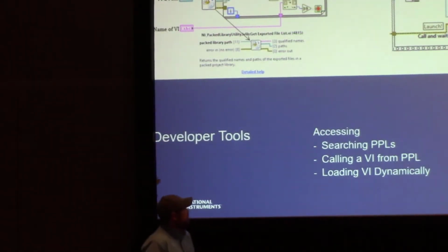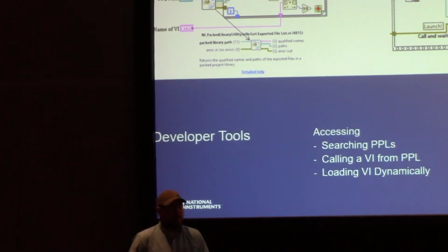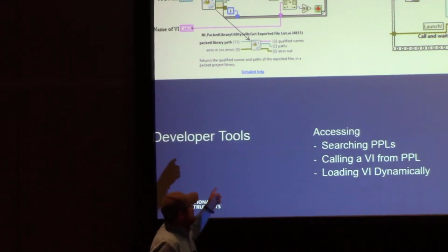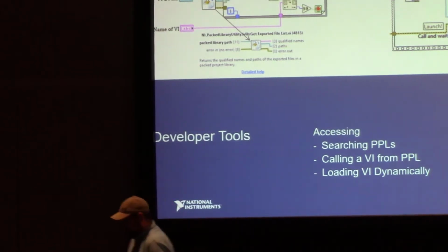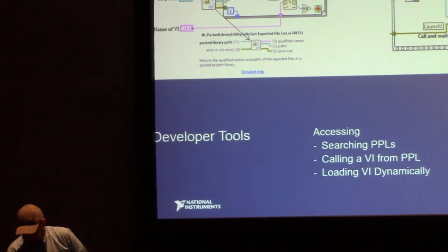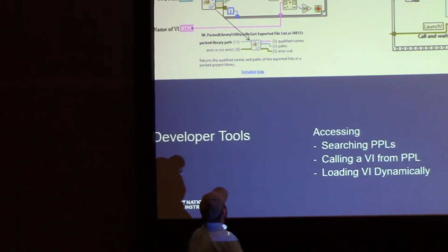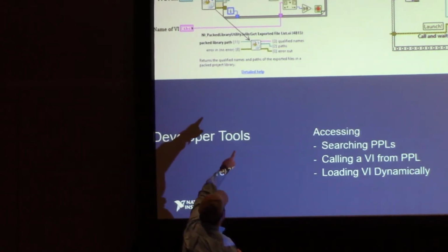All right, so the next thing we need to be able to do is access our code inside that Pack Project library once that software has been developed. You're going to see this on the client side here in just a moment. But one of the things that Pack Project libraries make really easy is calling a VI from a Pack Project library. So if you know where that Pack Project library is located on your computer, you can see that VI over there says get exported file list.